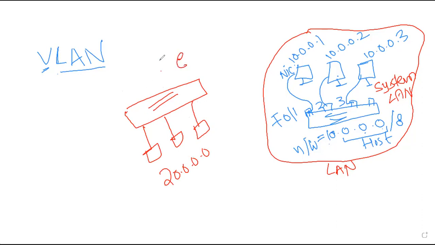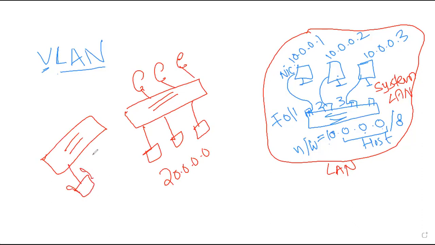Here I'm connecting all telephones, or on another switch I'm connecting all APs, access points, for Wi-Fi purposes. So why am I using a different switch? Because they must be in a different network or different LAN. So using a different switch for different services is not the best possible design.